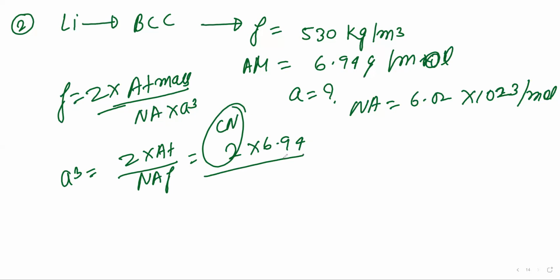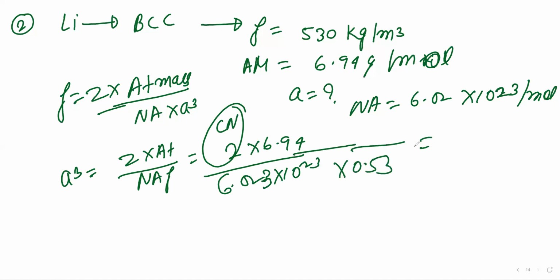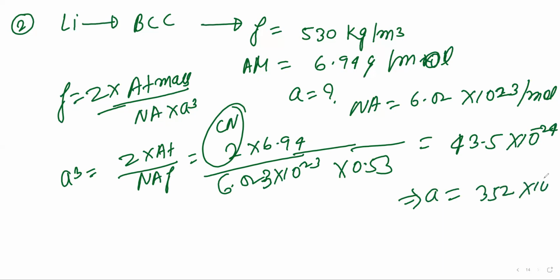So it is 2 into 6.94 divided by 6.023 into 10 raised to 23 into 0.53. So it will come out as 43.5 into 10 raised to minus 24. So take the cube root. So A will be 352 into 10 raised to minus 10 centimeter. It is equal to 352 picometer. Right. So this will be the answer.